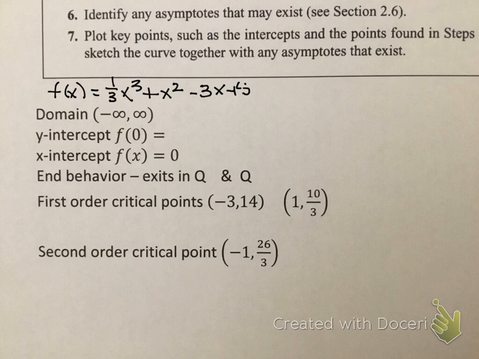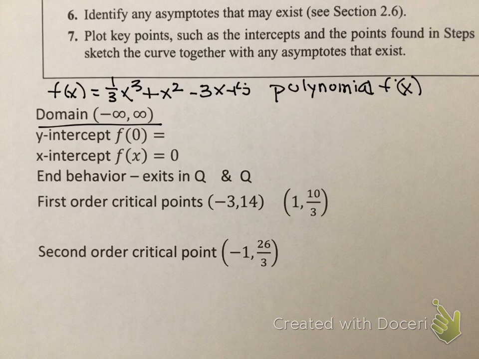Guys, what kind of function is that? You recognize it as a polynomial function, right? It has a domain then from negative to positive infinity. I can put in anything I want. I'm not going to have any holes or any asymptotes where my function is undefined.